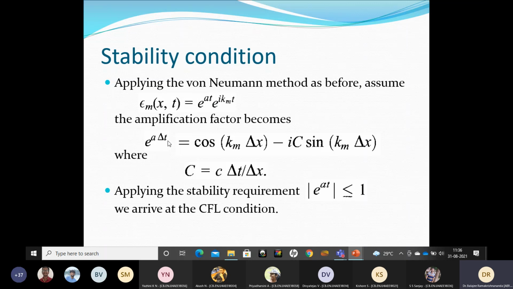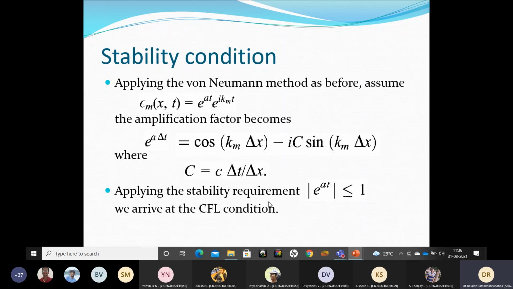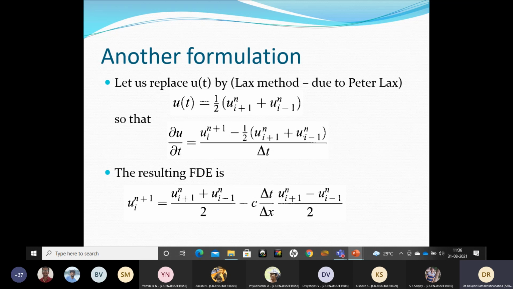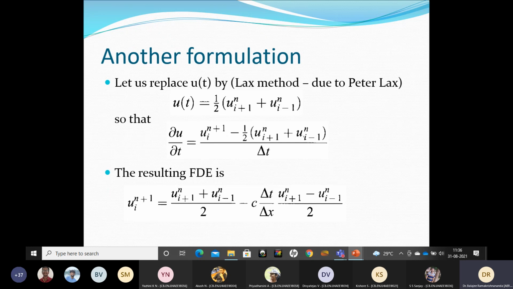Then e to the power a delta t is nothing but the amplification factor, which is cos theta minus i C sin theta. C comes because of the Courant number there. So this capital C is actually c delta t by delta x.